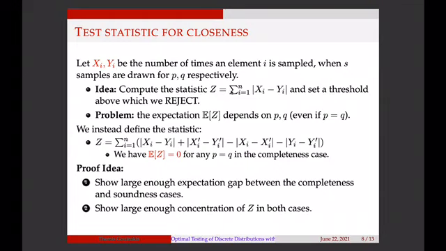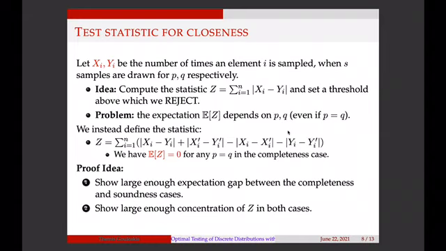So what is the problem with this particular choice of statistic that I mentioned? The problem here is that the expectation of this statistic heavily depends on distributions P and Q, even in the completeness case, even if they are equal. For example, imagine that P and Q are Bernoulli random variables, probability 1/2 versus probability 99%.